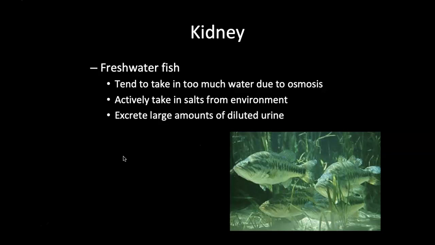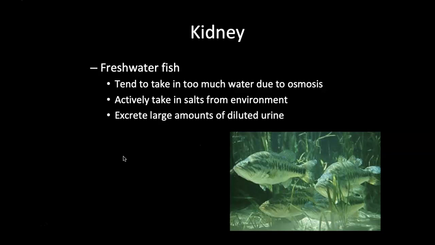Freshwater fish have the opposite effect. It's almost like the egg going into our water. It balloons up. And so what you see these guys do is they are constantly trying to get rid of water. And so they will tend to intake too much water due to osmosis. They will actively try to take in salts from their environment.